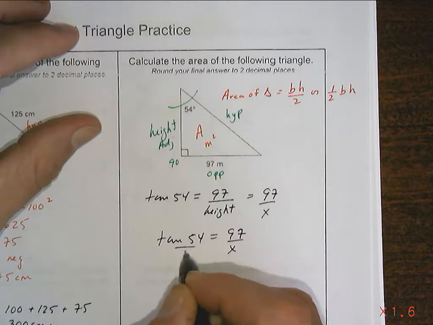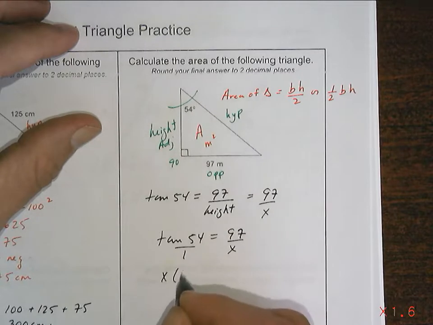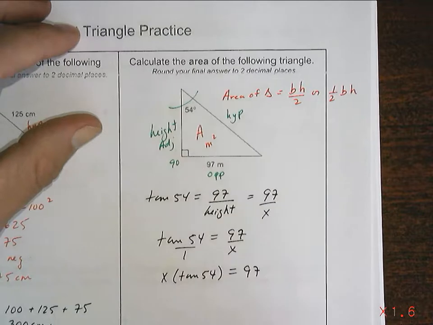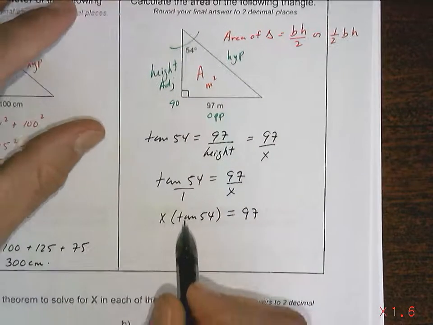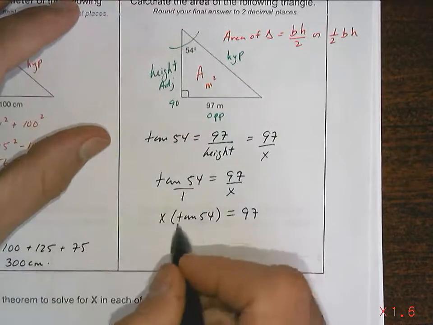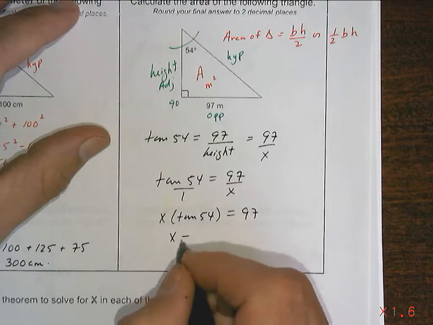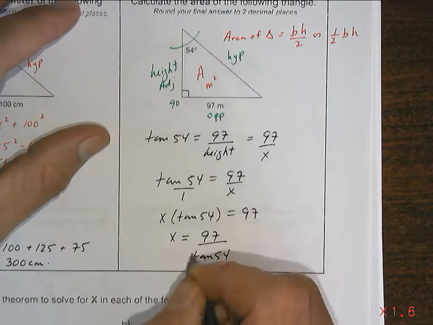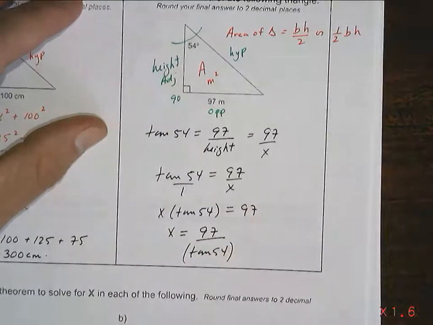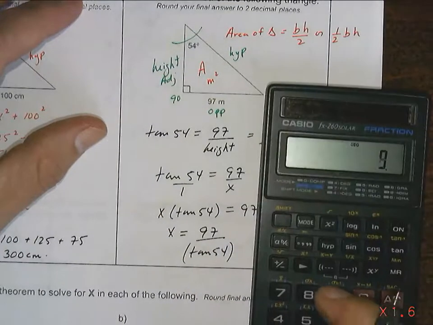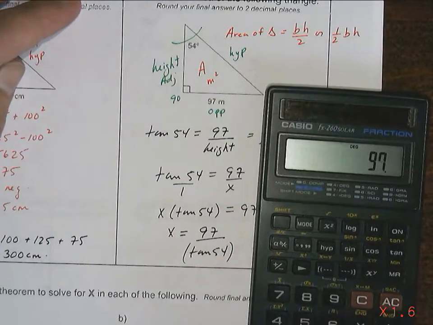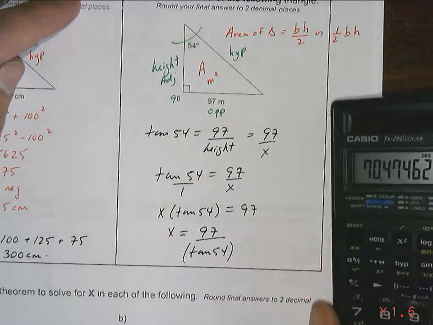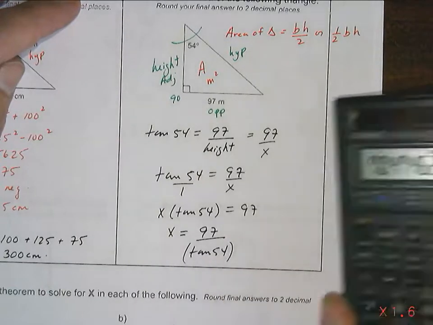This is a different algebraic question. So what we're going to do is we're going to cross multiply. And then we're going to divide both sides by tan of 54, because that's just a decimal number. Using our calculator, we do 97 divided by tan 54 equals, and I get 70.47.